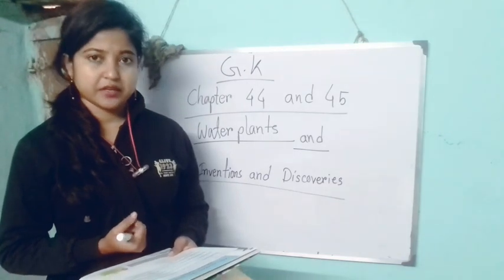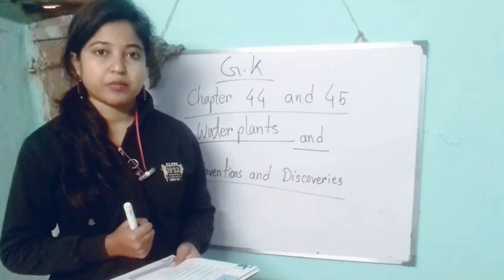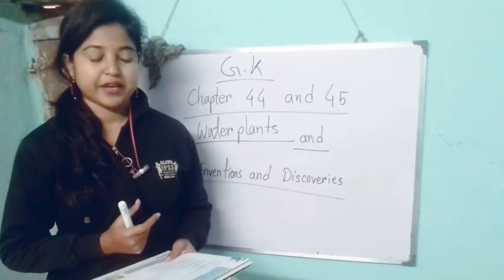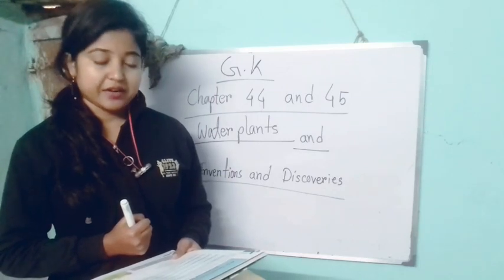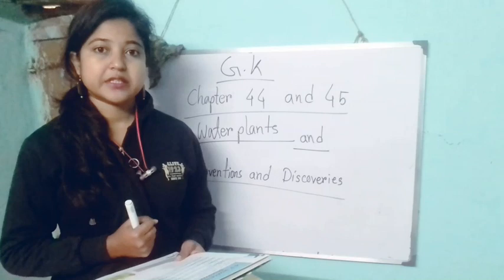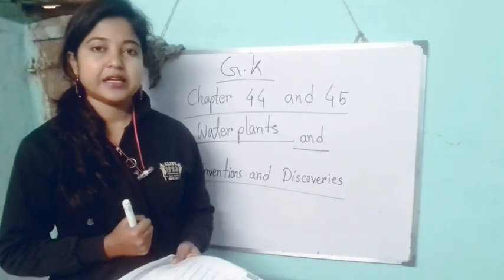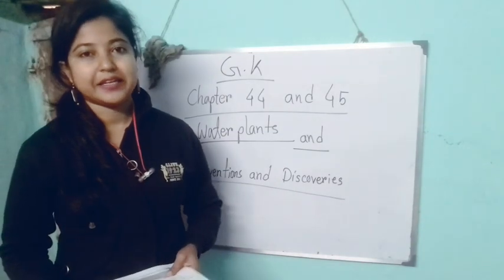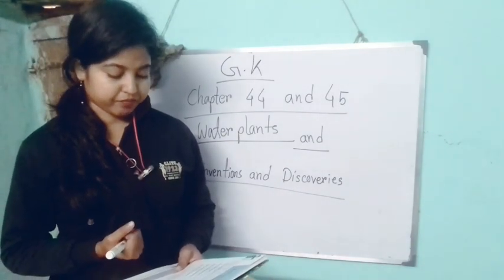Or you can easily remember that Macmillan. Electric lamp was invented by Thomas Alva Edison. You have very beautiful stories in your moral science book regarding Alva Edison. And mercury thermometer, or the Fahrenheit thermometer, is invented by Daniel Gabriel Fahrenheit. Or you can easily remember that DG Fahrenheit.